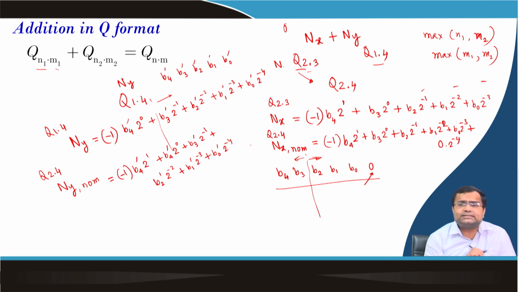So, if you calculate mathematically you can show that this number remains same, because earlier this was the leading bit.